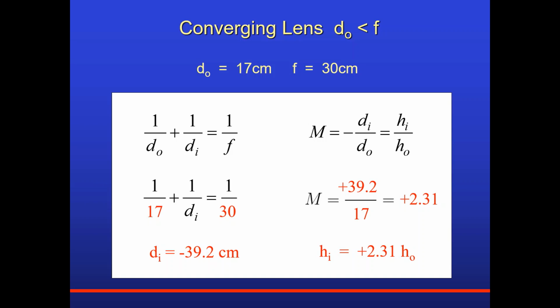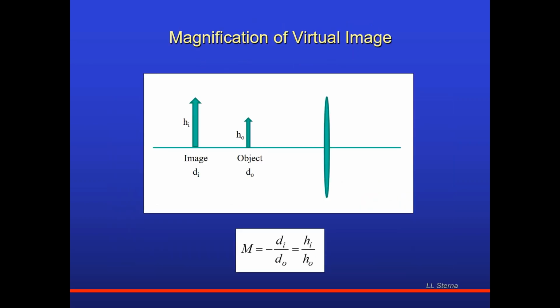Now, let's consider magnification of the virtual image. Here you can see in this picture the image is bigger than the object. Let's consider rays that come from the base past the center, from the tip past the center. Once again, you see two similar triangles.